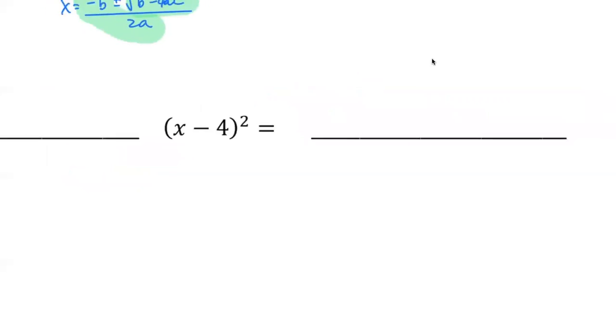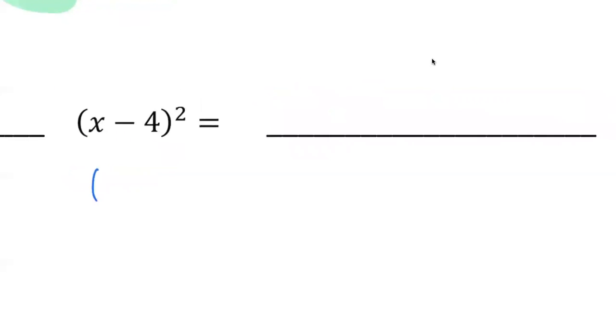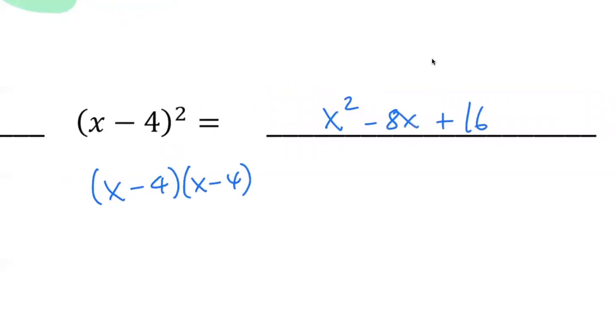Next door, we have (x minus 4) squared, same thing. The idea is (x minus 4) times (x minus 4), and that's going to be x squared minus 8x plus 16. Now, there is actually a fast way of doing it.